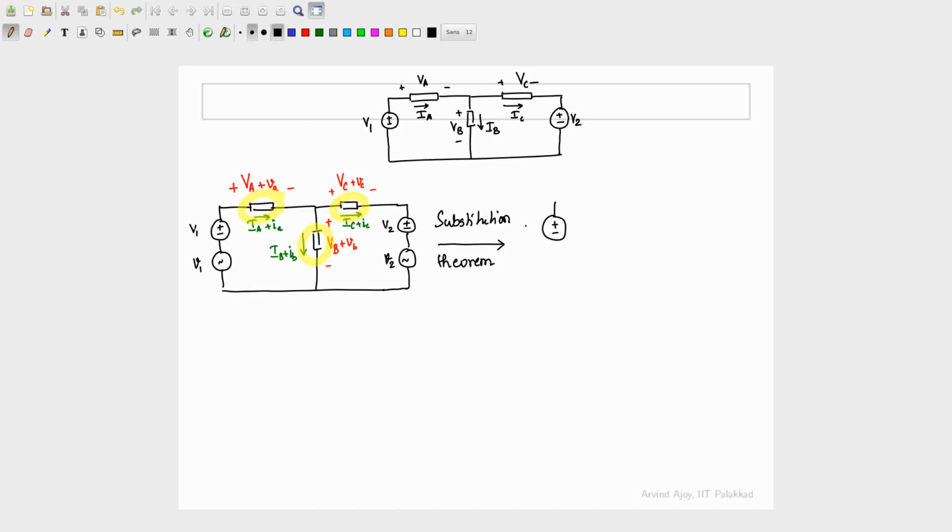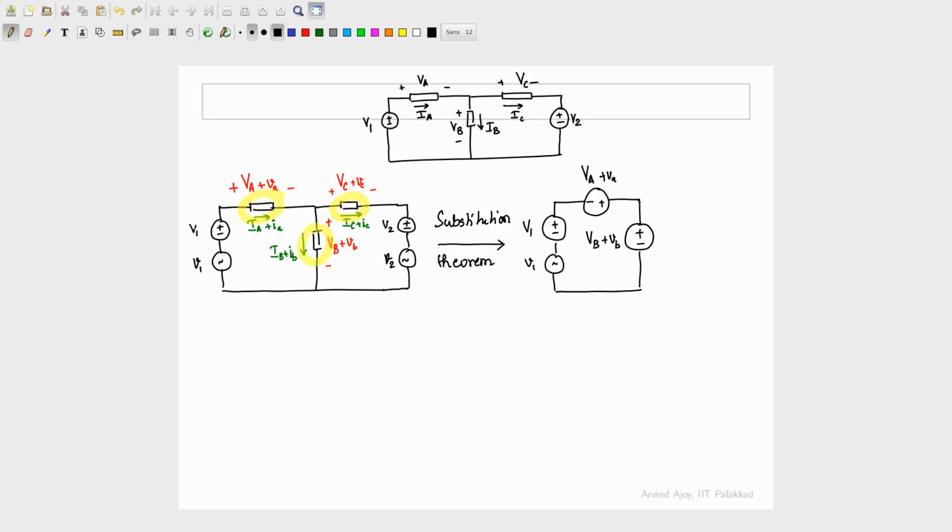So these non-linear elements which are here, I am going to replace them by voltage sources. There is no harm in that, right? So I can just replace that.